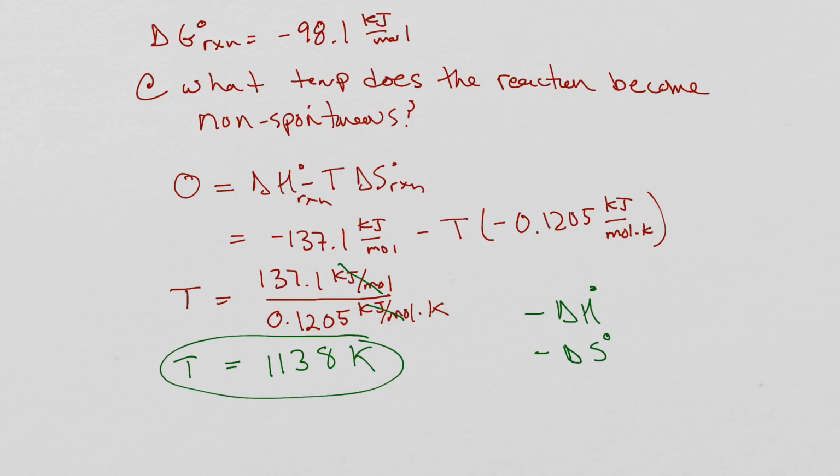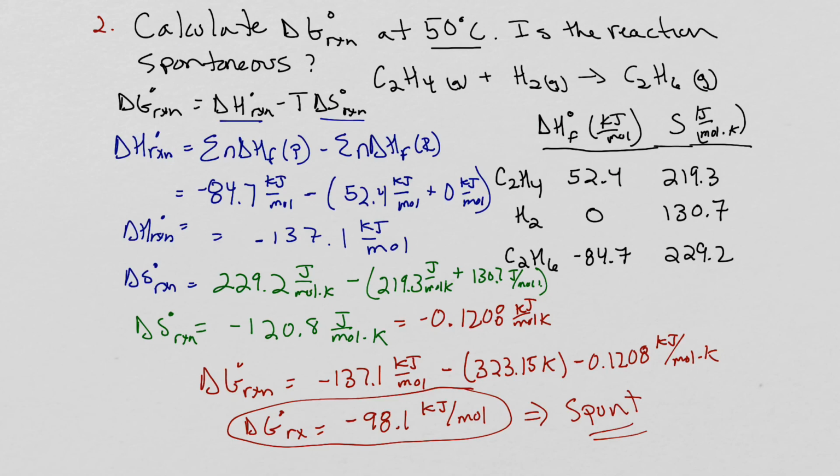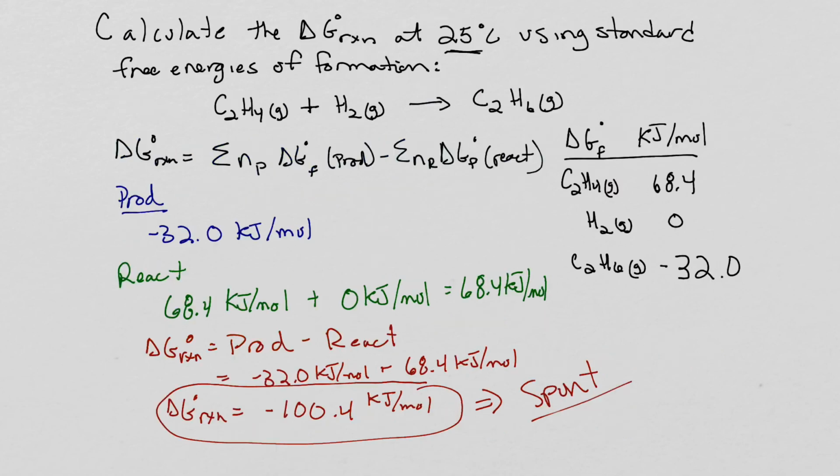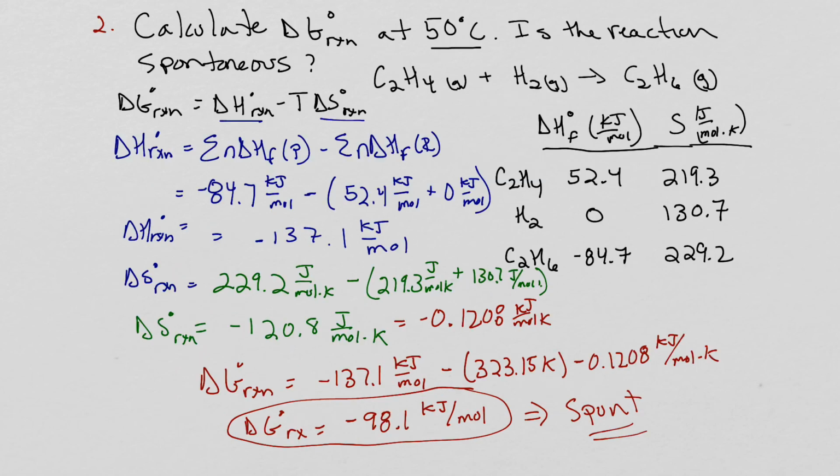So if we look back at our numbers, it was spontaneous at 25 degrees with a value of minus 100.4 kilojoules. As we go up in temperature to 50, it becomes less spontaneous, minus 98.